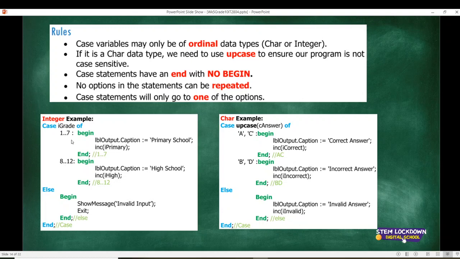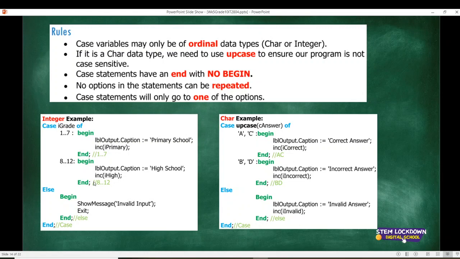I can only ever make something happen for a particular option once, because otherwise again I'm going to have an error. And the next thing that you need to be aware of is that case statements will only go to one of the options. So it's like an if then else, it's never ever going to do both of these options.